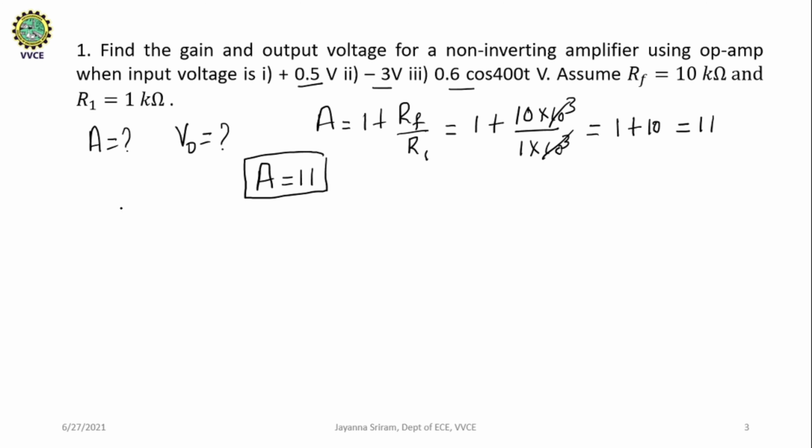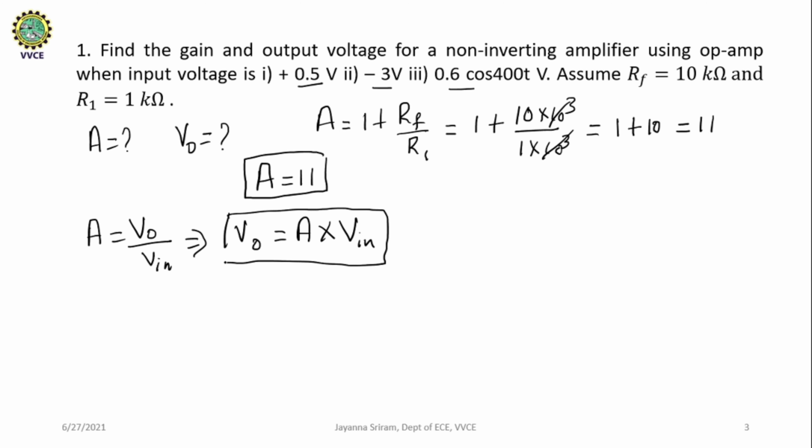Next, in order to find the output voltage for the inputs 0.5, minus 3 and 0.6 cos 400t, we know that the gain is equal to V0 divided by Vin. I can write this equation as V0 equals gain into Vin. Now let us take Vin equal to 0.5.